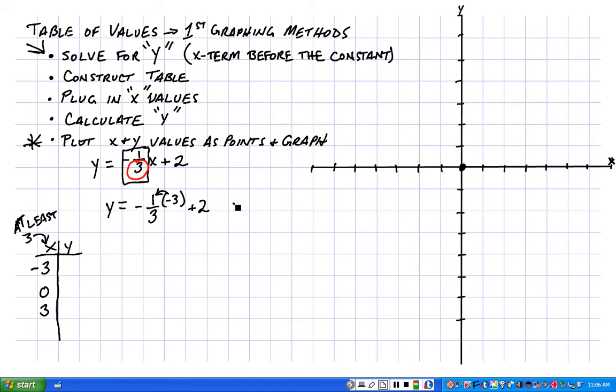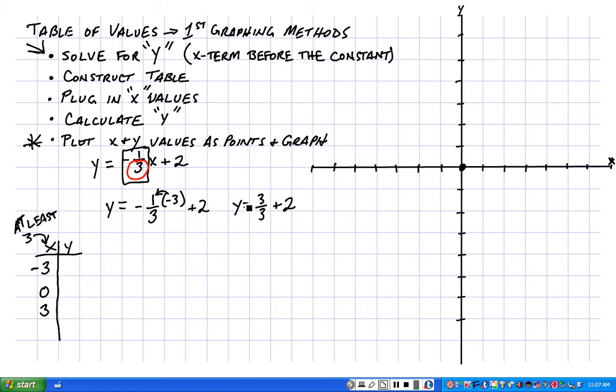So now you're looking at y equals a positive 3 over the 3 that's still in the bottom. Negative 3 times negative 1 is positive 3, and you still got this 3 on the bottom. Alright, 3 over 3 just cancels. 3 over 3 is the same as saying 1.